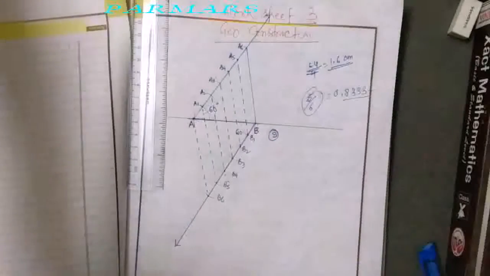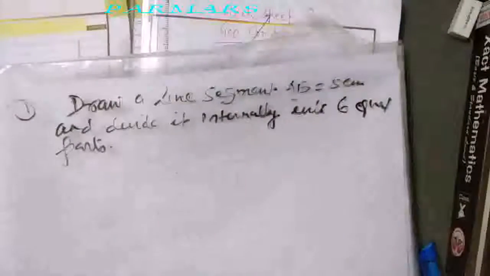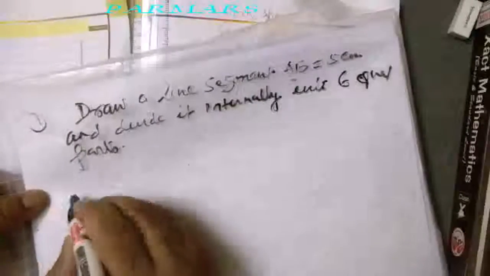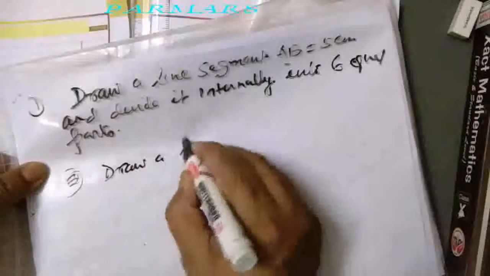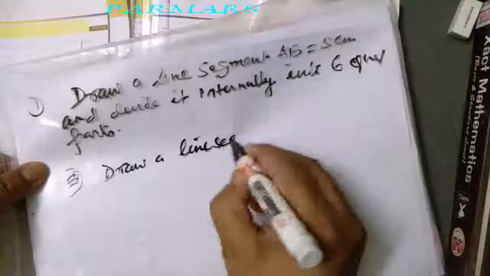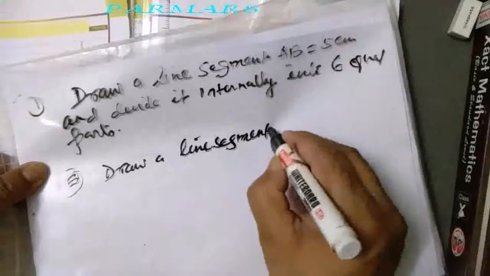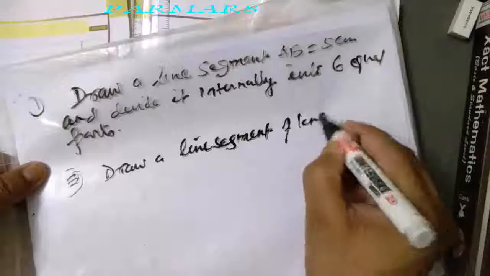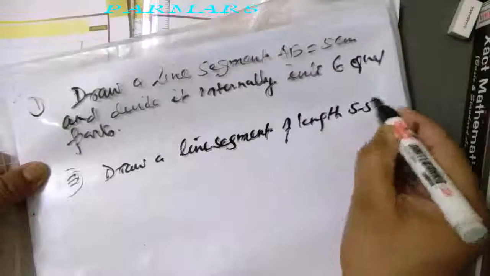What is the third question? Third question is, draw a line segment of length 5.5 centimeter.